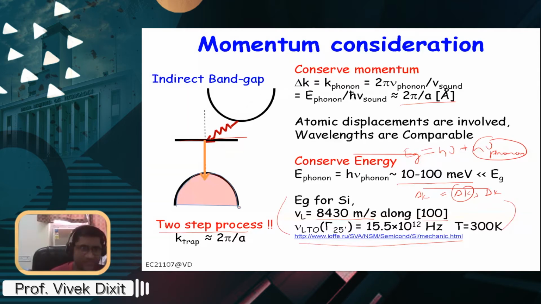Now you can understand it like this. Both processes are possible: direct recombination involving a phonon, or indirect recombination involving a phonon and the trap level. But which will be more probable in an indirect band gap? In the indirect band gap, of course, the trap level will be more dominant. Why? Let's say you have two resistors between two terminals, one of 1 ohm and the other of 1 mega ohm.